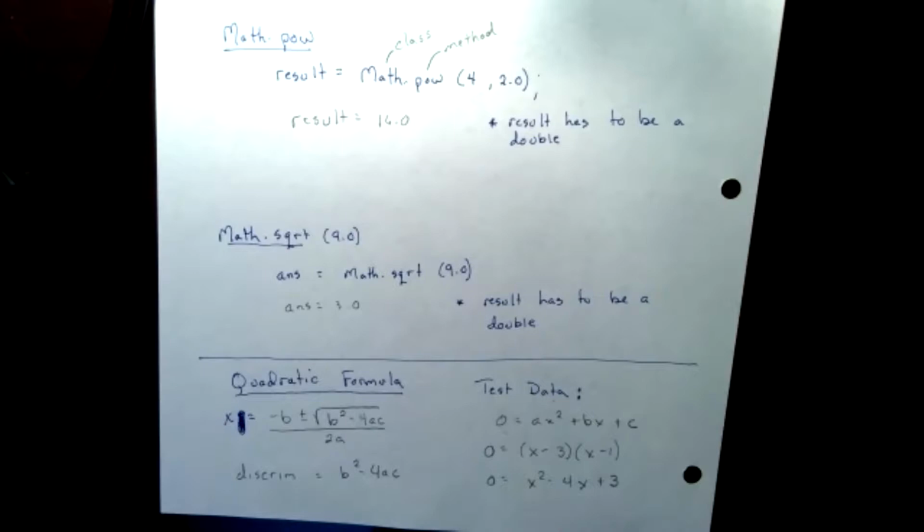If I wrote this program and asked the user, what is A? They typed in 1. What is B? They type in -4. What is C? They type in 3. The roots would be +3, +1.